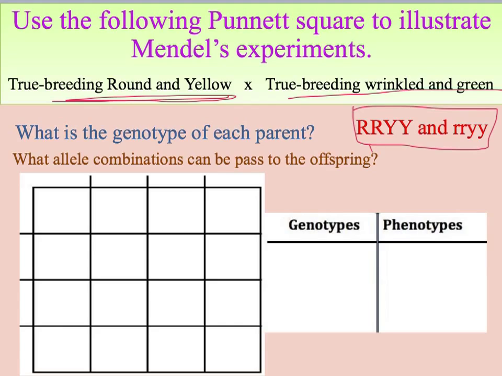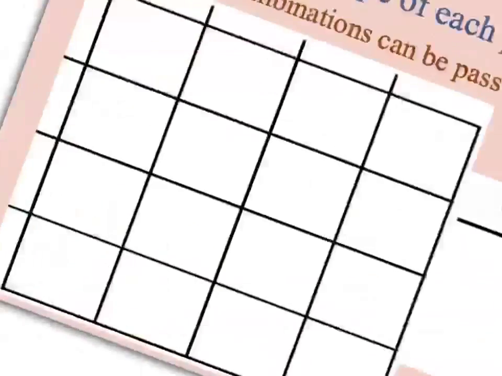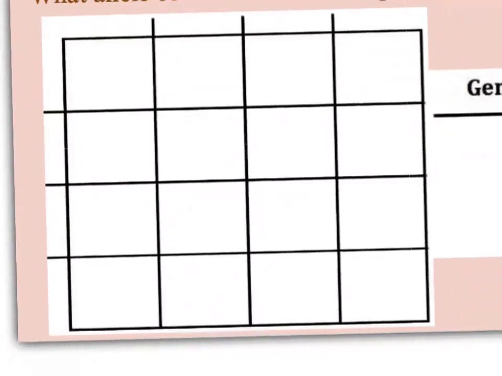I'm going to go ahead and expand it here. Okay, whoops, that was a little bit much. But here's my combinations. I would have big R, big Y, big R, big Y, big R, big Y, big R, big Y. And then across here, little r's and little y's.